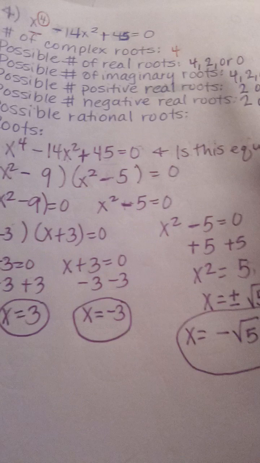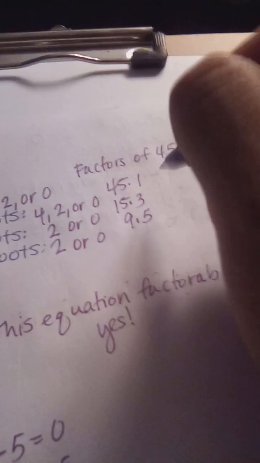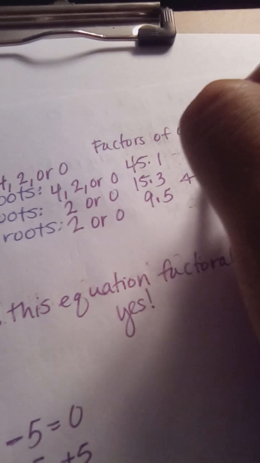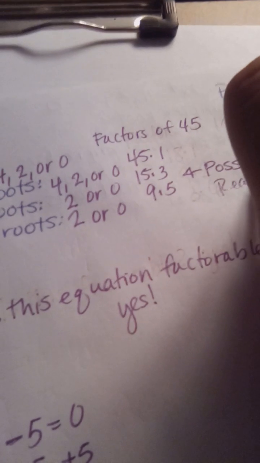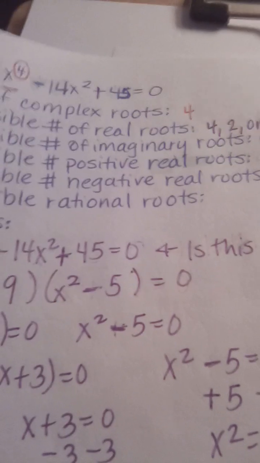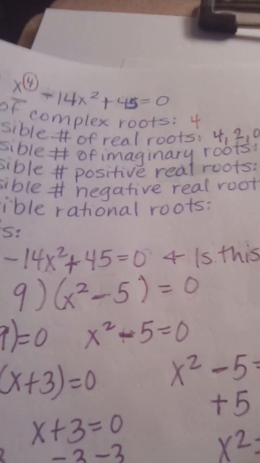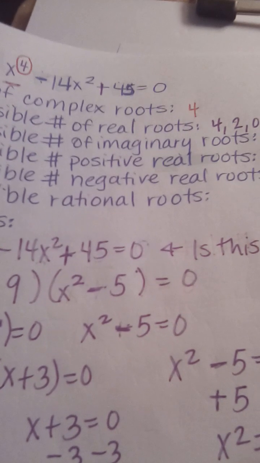All right. Remember the factors of 45. That's our possible rational roots. Tongue-tied, I don't know why I said real roots. I do apologize. It's okay. I just want to make sure everything's okay.